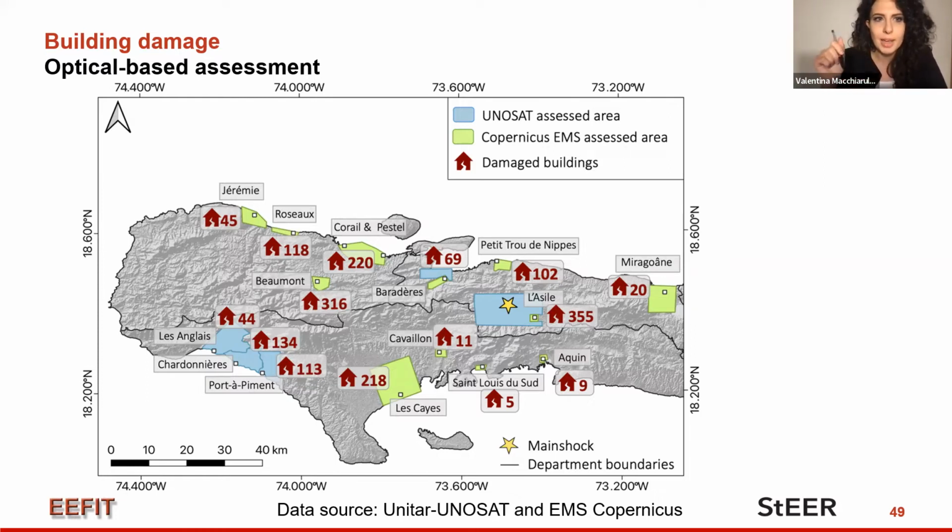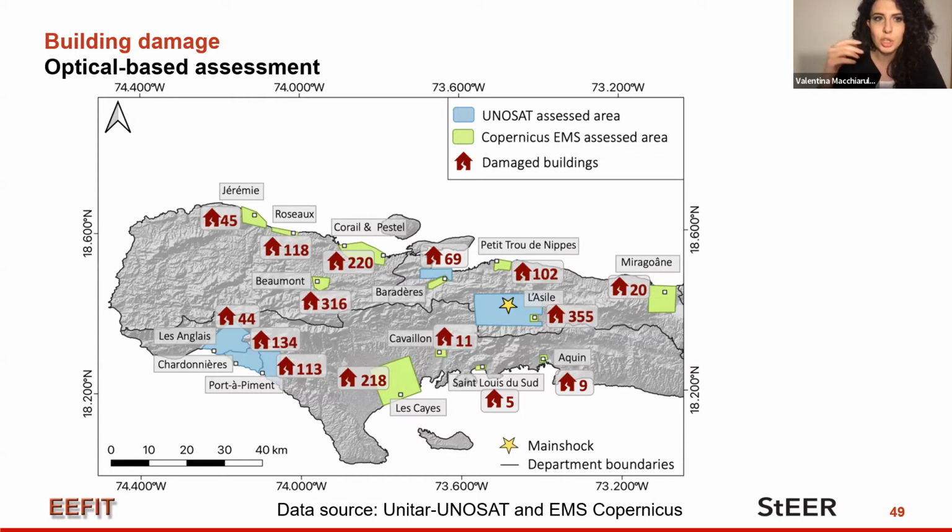For example, in this slide, we see the distribution of building damage based on the analysis of optical satellite images developed by a couple of organizations, UNOSAT UNITAR and the Copernicus Emergency Management Service. The analysis based on the optical satellites was performed for several locations of interest that correspond to the blue and green polygons that we see in the slide, across the 3 departments that have been mainly affected by the earthquake.